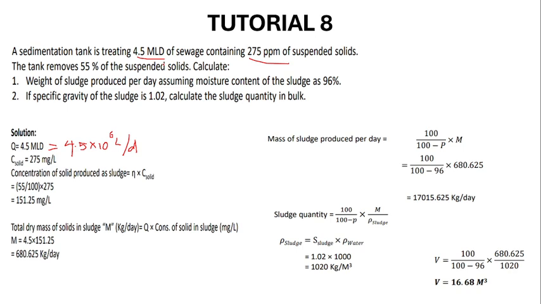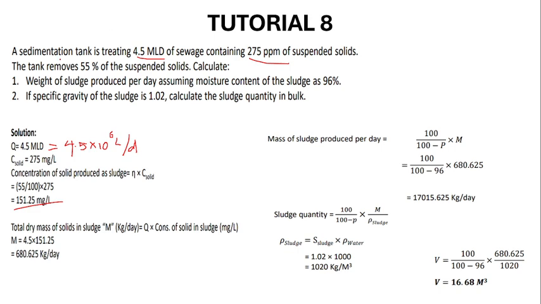So out of the concentration of 275 mg per liter, only the 55 percentage is converted into the sludge. Okay, so the concentration of solid produced as sludge is efficiency into concentration of solid, which is 55 divided by 100 into 275, nothing but 151.25 mg per liter. So this is the concentration of solid produced as the sludge.